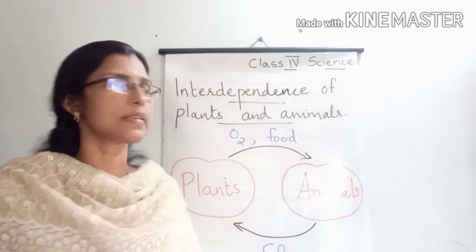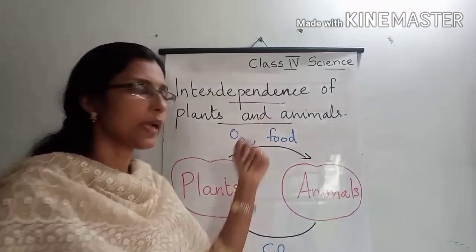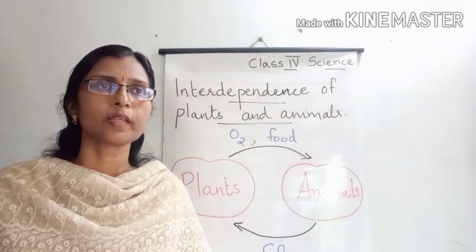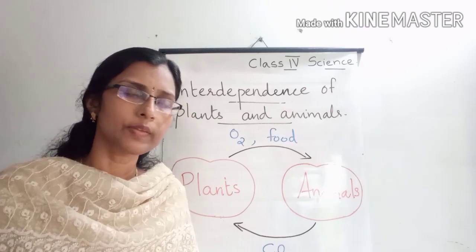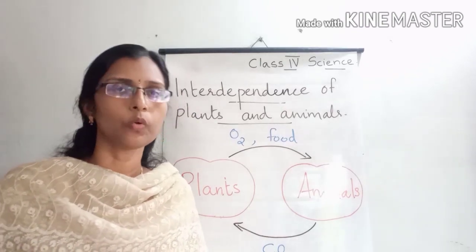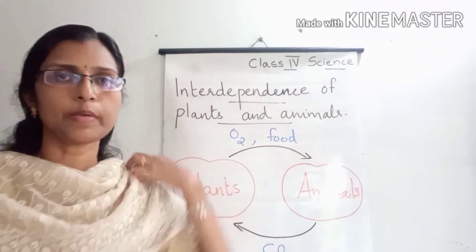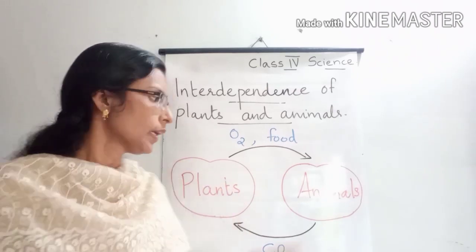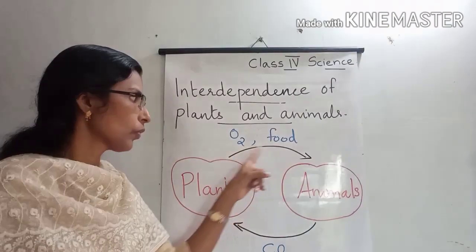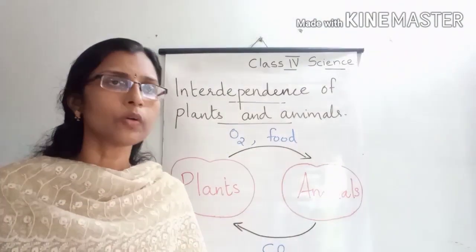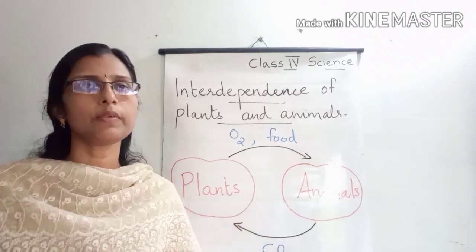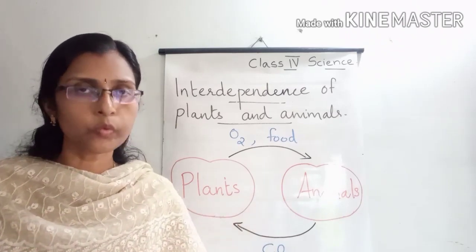Then let us see interdependence of plants and animals. Dear children, can we live without plants? No. All the animals, including human beings, depend on plants for food and oxygen. As you all know, plants are the only living things that can make their own food.